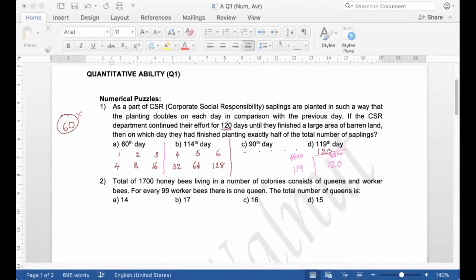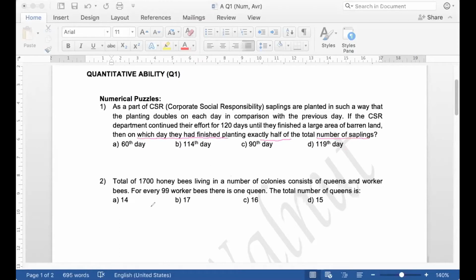The finishing day is going to be 8,800. Half of them was planted just the previous day. So the 119th day, that's the answer. So that is the day they had finished planting exactly half of the total number of saplings. That's the case.